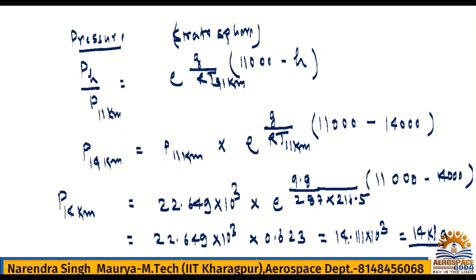That's all. Similarly, if you calculate the density, rho_h by rho_11 kilometer is e to the power g by R T_11 times (11 kilometer minus 14 kilometer).